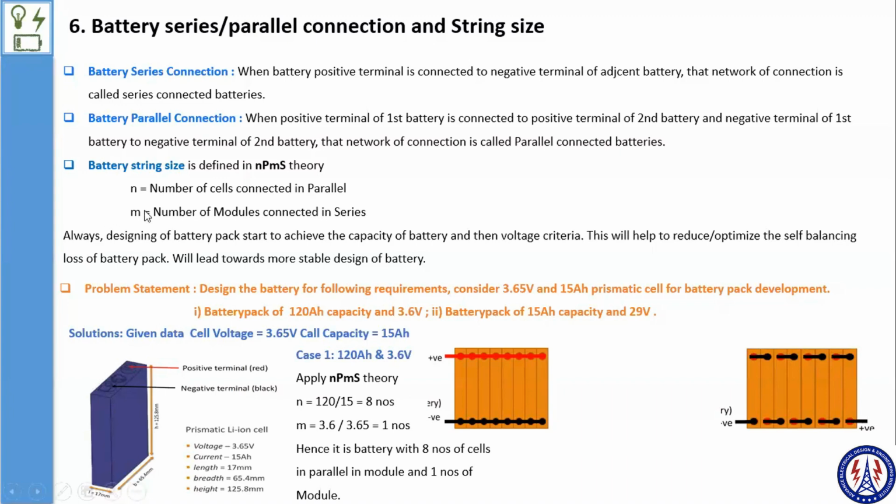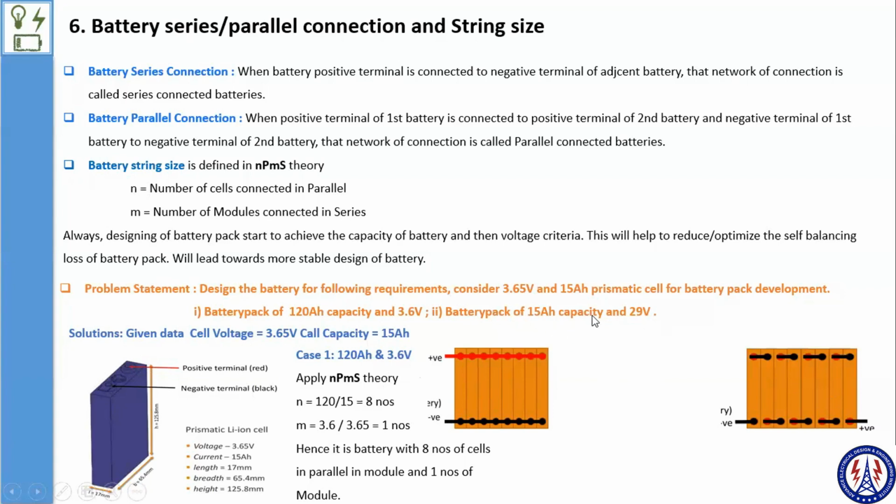Just multiply n into m, the number of cells in each module and the number of modules. So there are 8 cells only in these two batteries. Even their capacities are the same because we are using the same cell. So 8 cells, it's just the effect of your series and parallel connection that changes your voltage and then capacity, right?